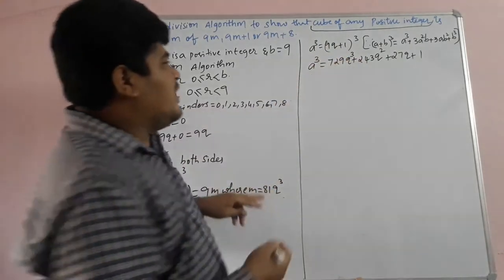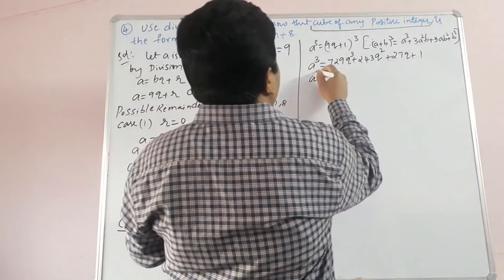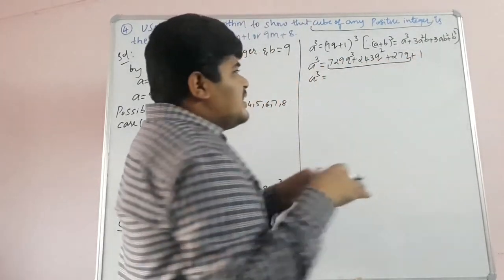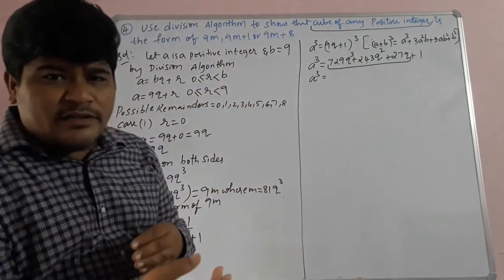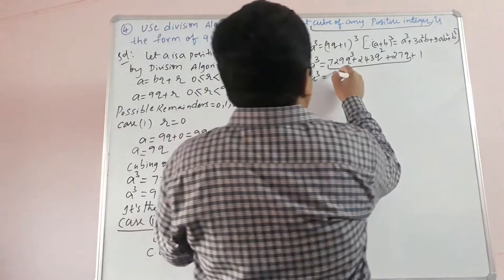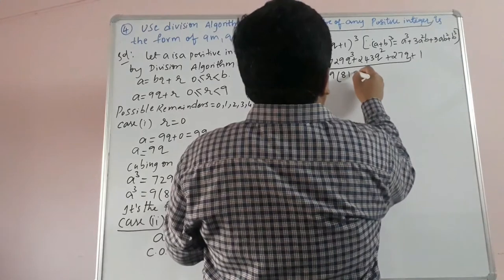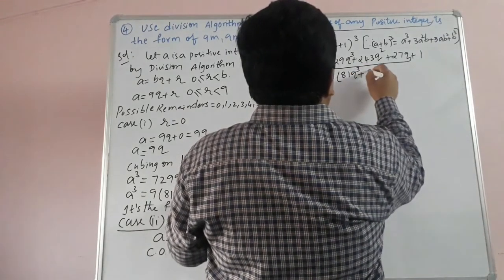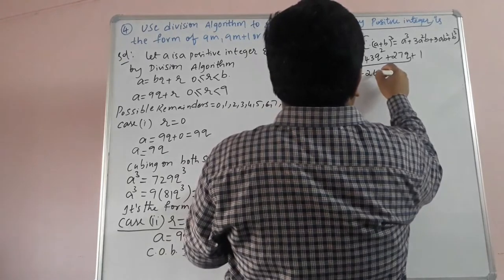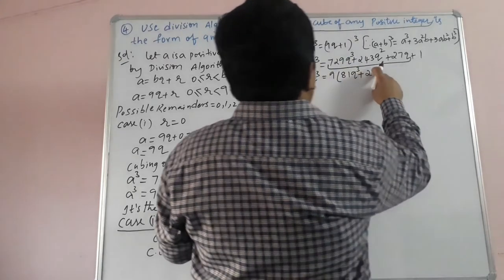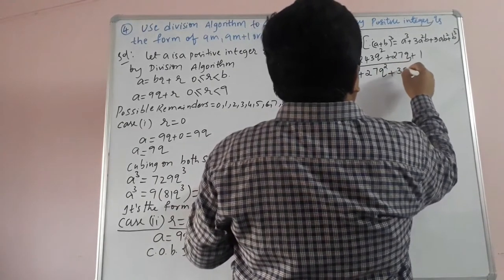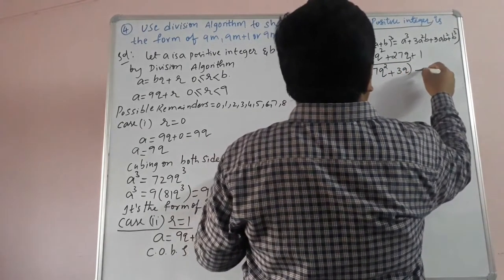Now see, a cube is equal. Children, from the first term to the third term you observe, all these are multiples of 9. So you can take 9 common: 9 of 81q cube plus 27q square plus 3q, close bracket, plus 1.